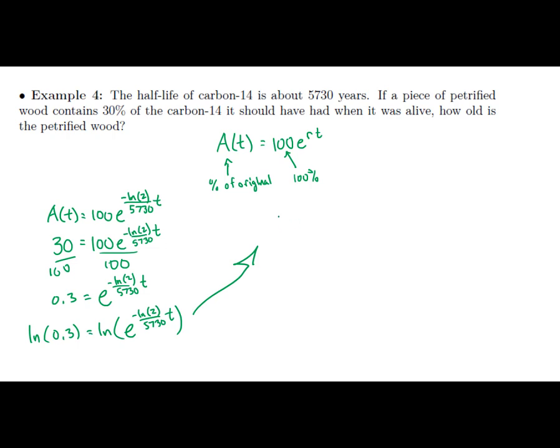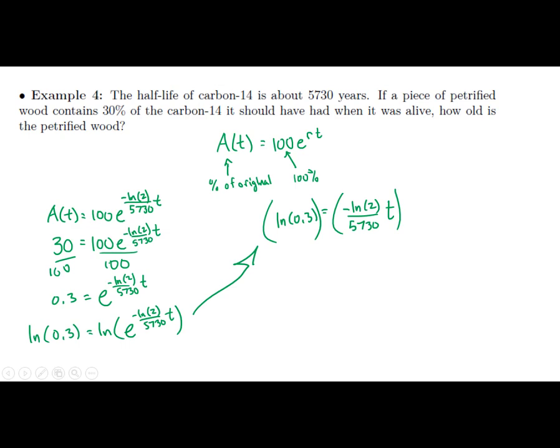And so we end up with the natural log of 0.3 is equal to negative natural log 2 divided by 5,730 times t. Right? But again, this is just a fraction times t. So if I want to get rid of it, I can multiply both sides by the reciprocal.